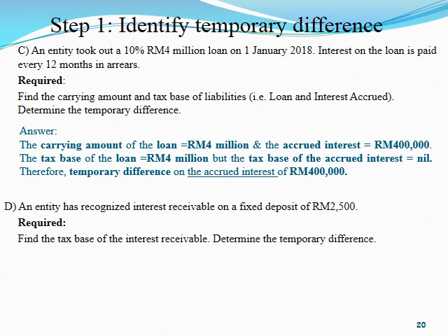Therefore, the temporary difference on the accrued interest is Rm 400,000.